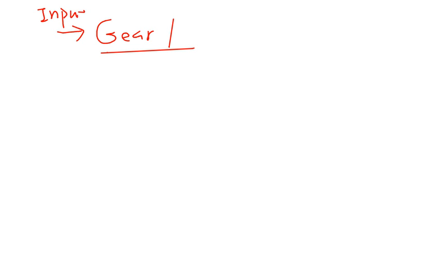We're looking at the case now where the gears have different diameters, or different radii. So if I have gear 1, and let's call gear 1 the input gear, meaning it's the one hooked up to the motor, it's driving the second gear, gear 2, the driven gear.